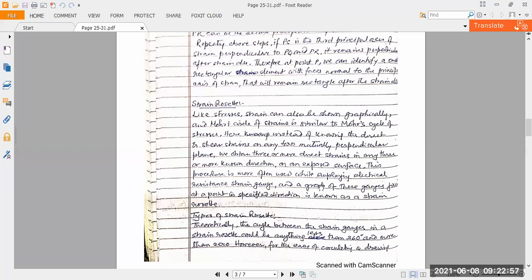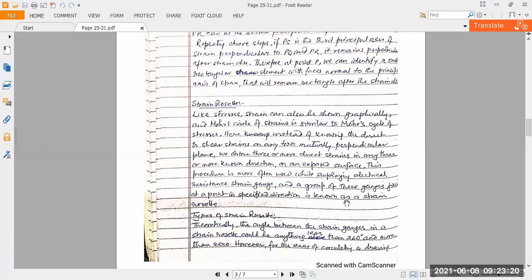Say a block is given, we take three or more direct strains by employing three or more electrical resistance strain gauges, and get the value of strain within a few microns when this particular body is under a certain value of force itself.